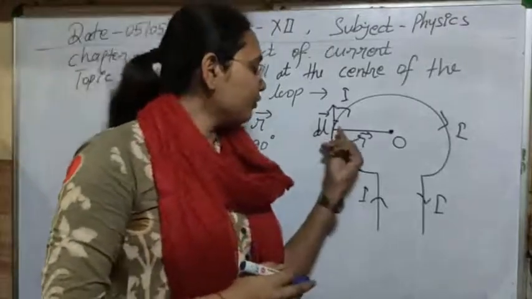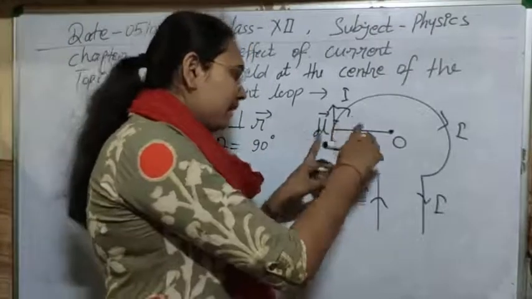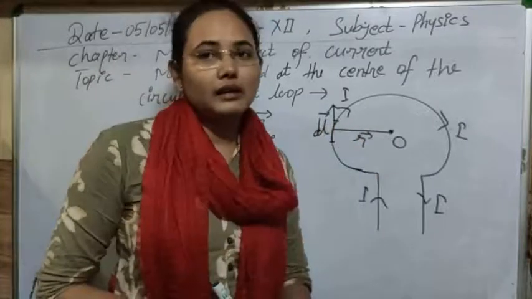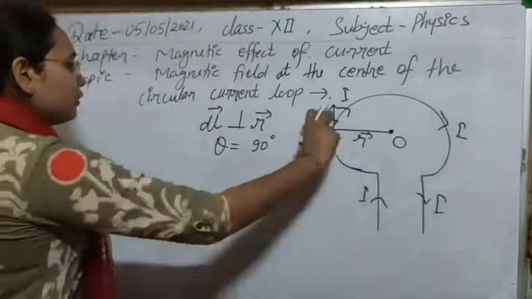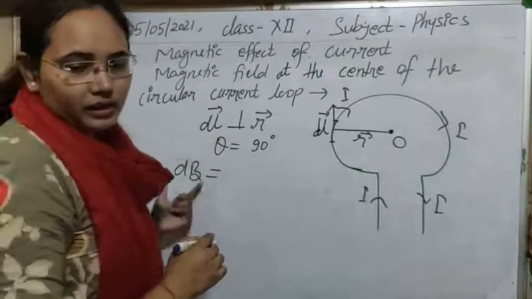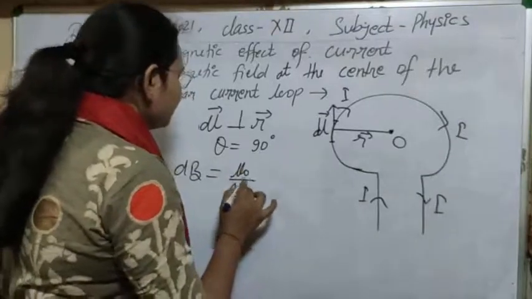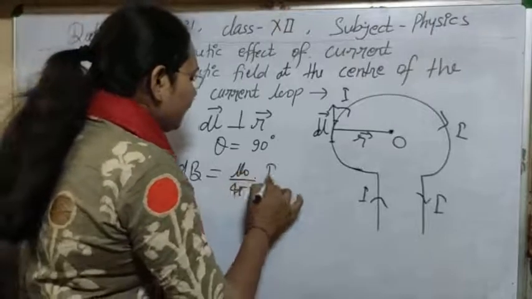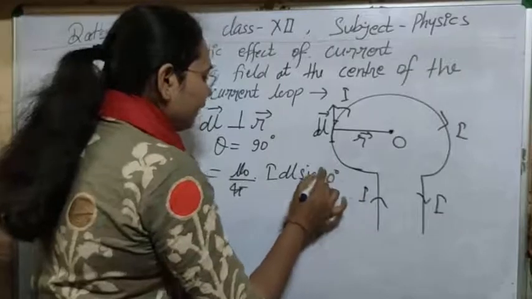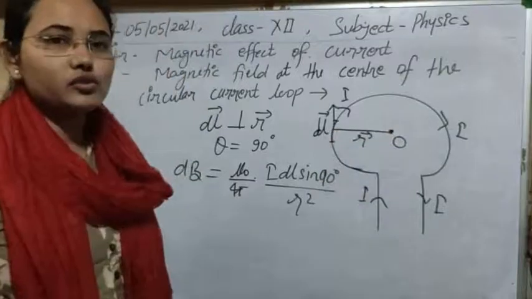Now we can see the value of the magnetic field if some current I is flowing through this small element dl. The small magnetic field due to this small current element can be written using the normal form: dB equals mu 0 upon 4 pi, I dl sin theta, with sin theta being sin 90 degrees, upon r square, where r is the distance between these two points.